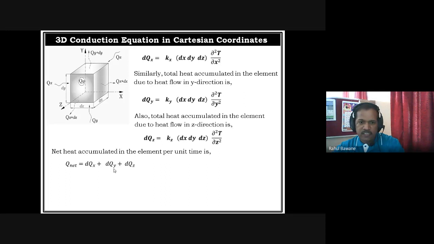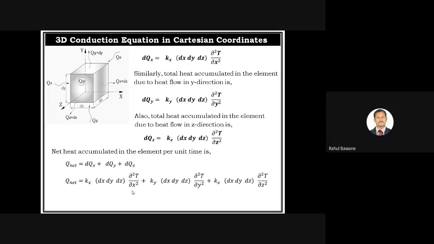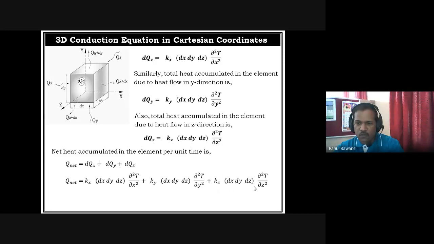dqx plus dqy plus dqz. If I add all the direction heat accumulation parts, it becomes the net heat accumulated inside the element considering all directions. So our equation becomes kx volume del square T upon del x square plus ky volume del square T upon del y square plus kz volume del square T upon del z square.